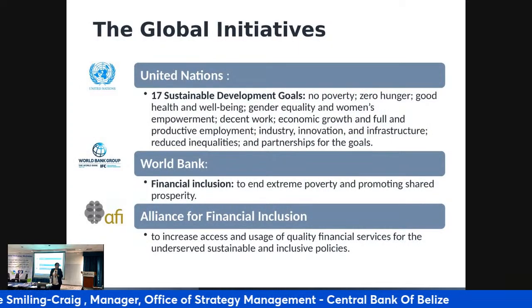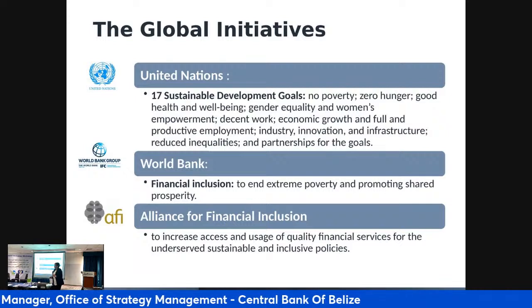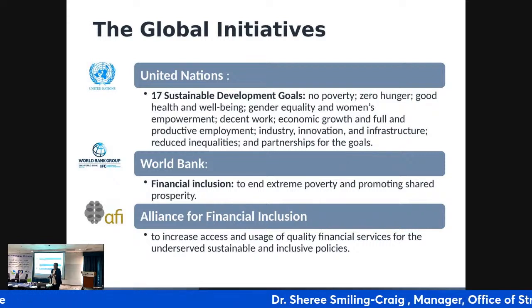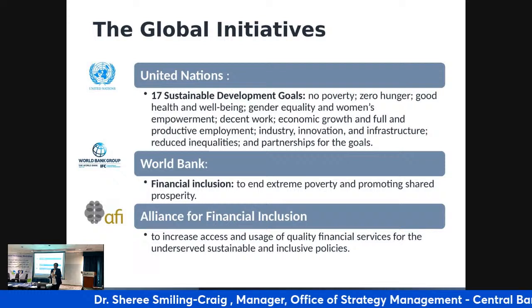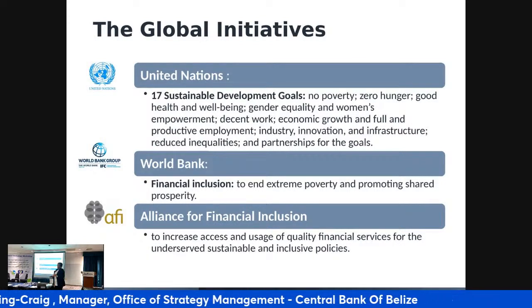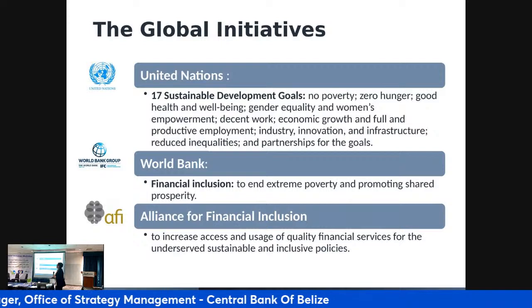We did not stumble onto financial inclusion as a country. These are global initiatives that have been in progress since 2011 and have really escalated in the developing world in the last 5 to 10 years. So the United Nations, of course, has their global initiative for the Sustainable Development Goals.